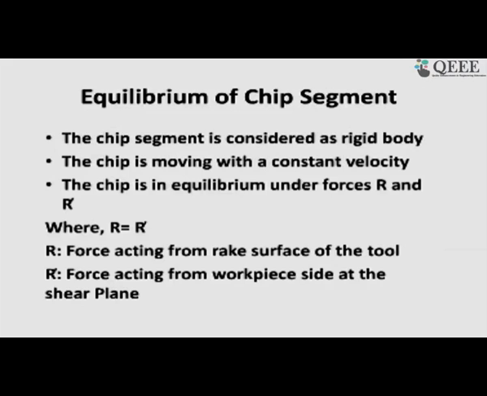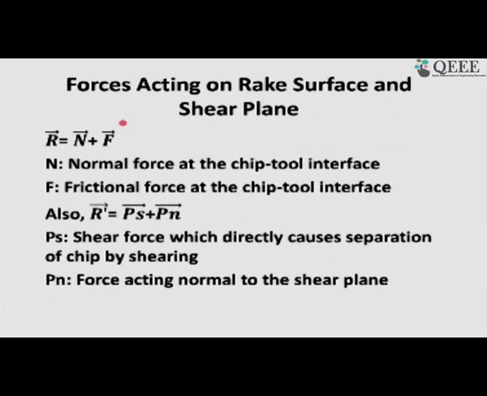Yes. So, force we have noted, chip is moving with a constant velocity, chip is in equilibrium obviously under this R and R dash that we can see from the sketch. Next would be to show, okay. I have just now narrated R means N and F, normal force at the chip tool interface, already I have shown.